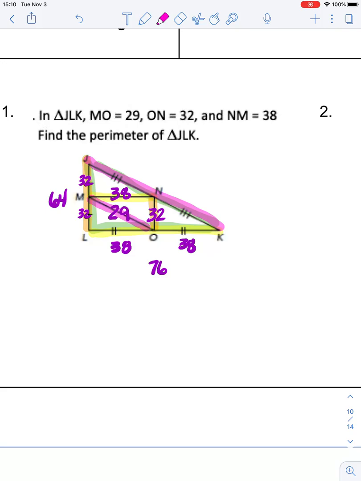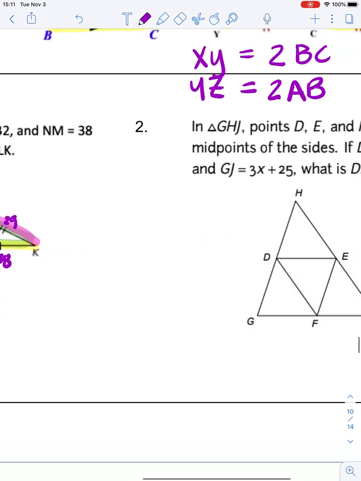So JK is 29 times 2, which is 58. To find the perimeter of JLK, the big triangle, you would take 58 plus 64 plus 76, and you get 198. So the perimeter of that big triangle is 198.